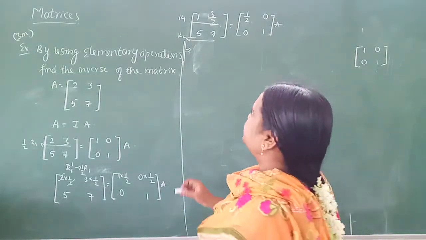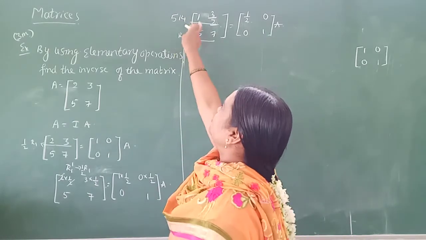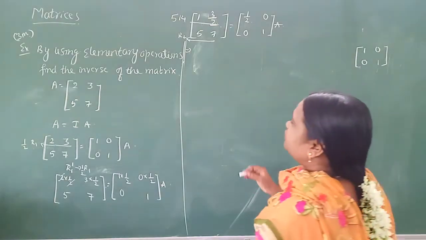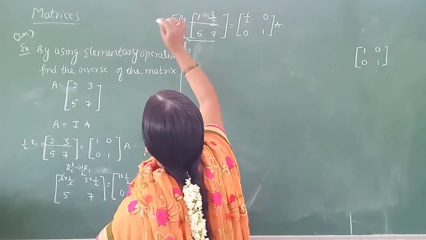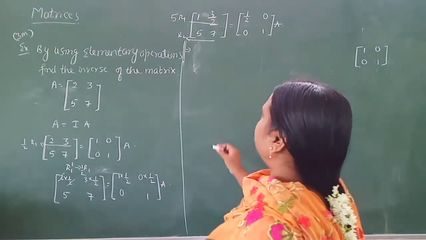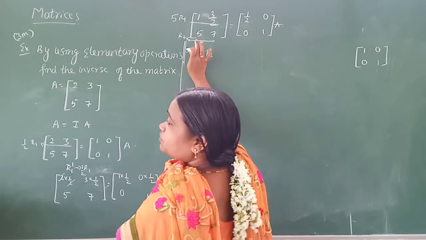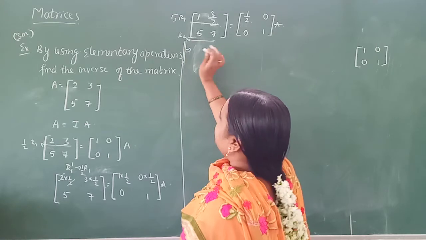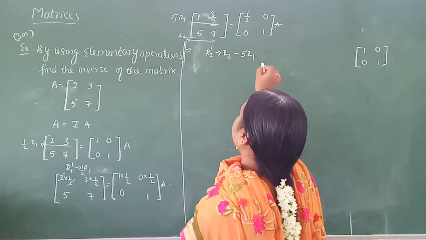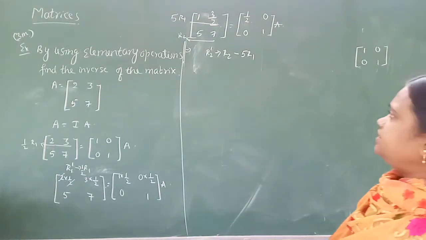For that, we multiply the first row by 5. 5 into 1 gives 5. Adding or subtracting? If we add, 5 plus 5 is 10. Subtracting, 5 minus 5 gives 0. Therefore we do the operation R2 dash equals R2 minus 5 R1, since we want to change the second row.